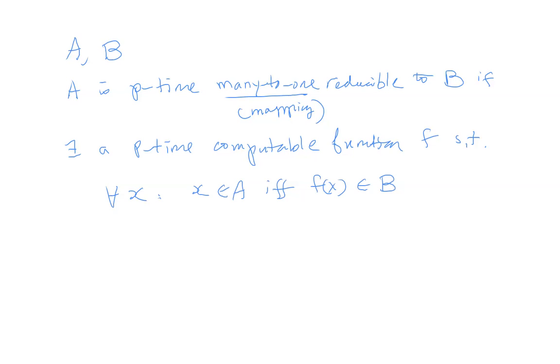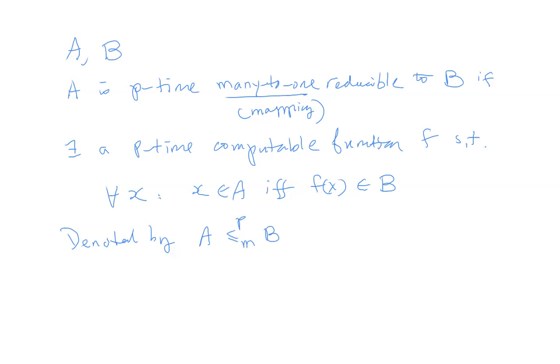That is a reduction, and it is denoted by A less than or equal to M, B, with a P on top. P indicates polynomial time, and M indicates mapping or many-to-one.